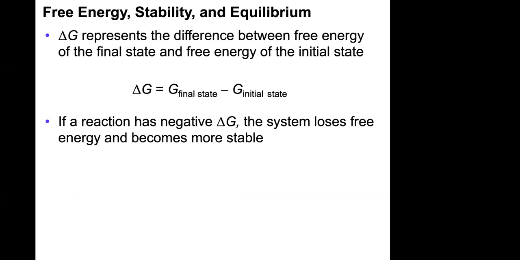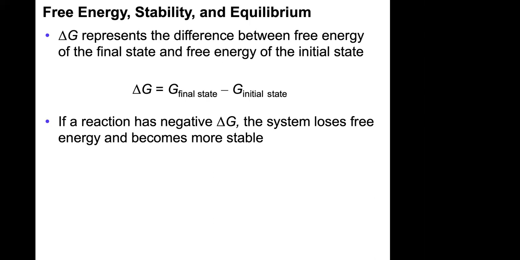So, the change in free energy represents the difference between free energy in the final state and the free energy in the initial state, and that could be shown in this formula here, where the change in free energy is what it was in the final state minus the initial state.